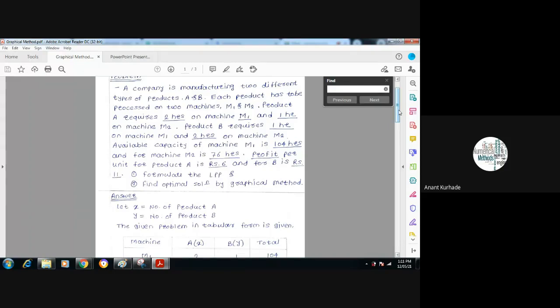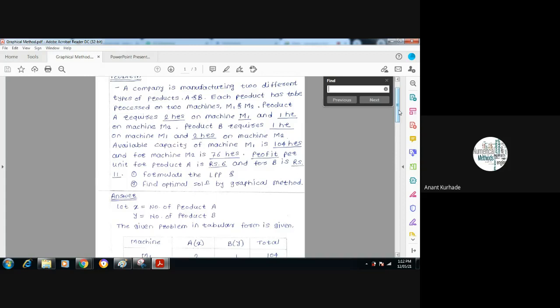Two machines are there. And say what is given: we have provided the combined capacity of M1 as 104 and the combined capacity of M2 as 76 hours. So here we have two constraints. Now again, what is given next?